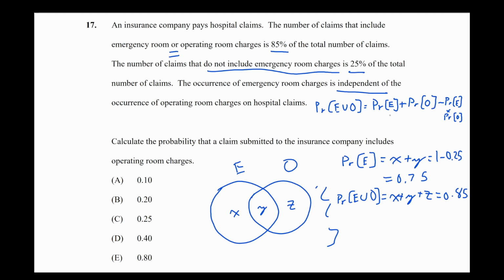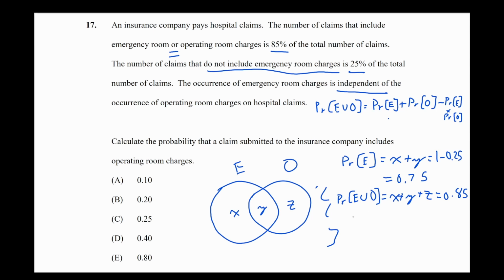We know what the probability of E is. We just don't know what the probability of O is. But we know what the probability of E union O is, so we can use some algebra to get there.